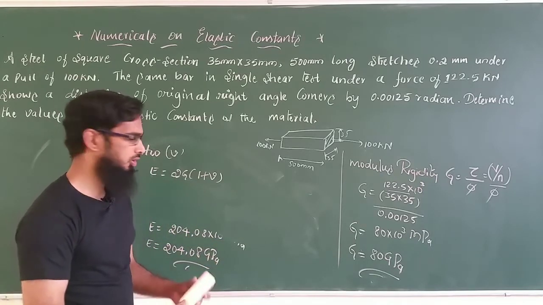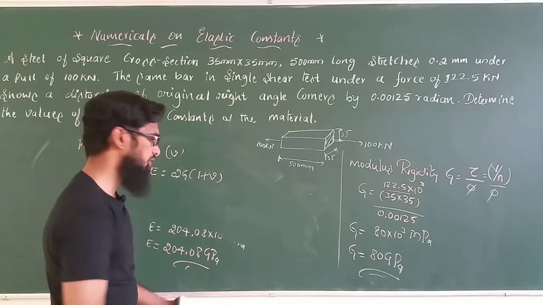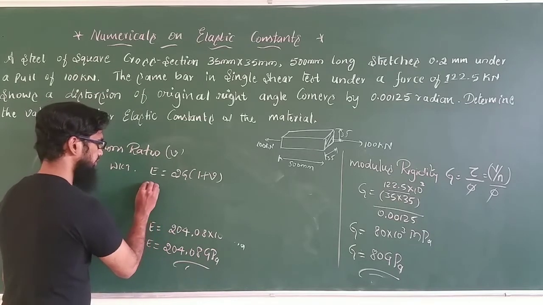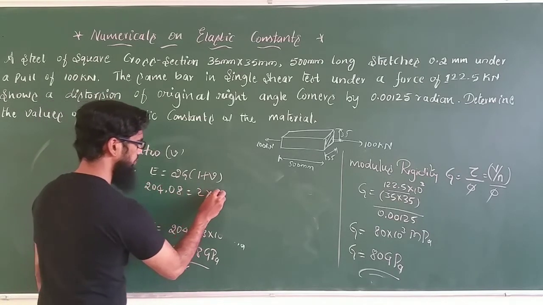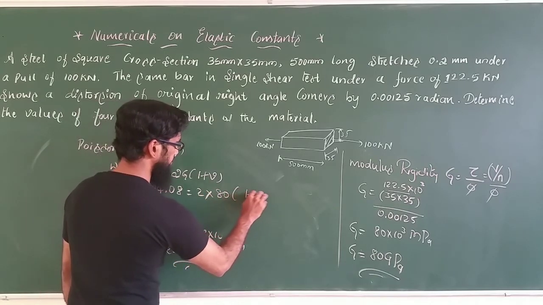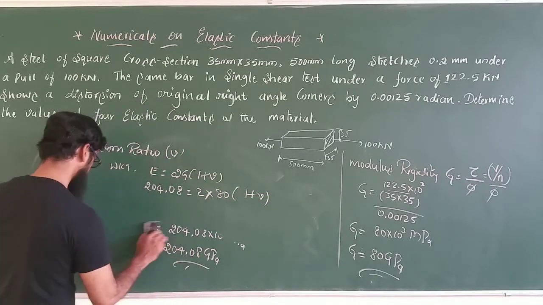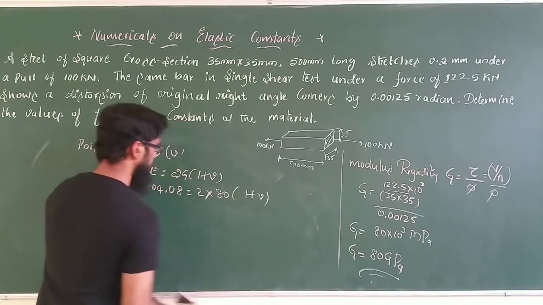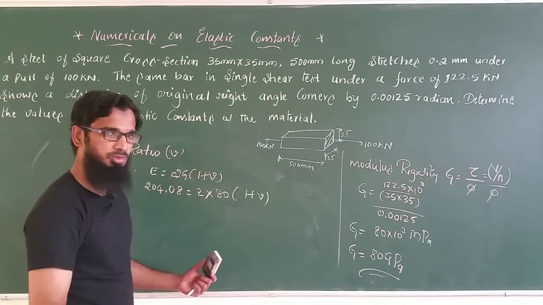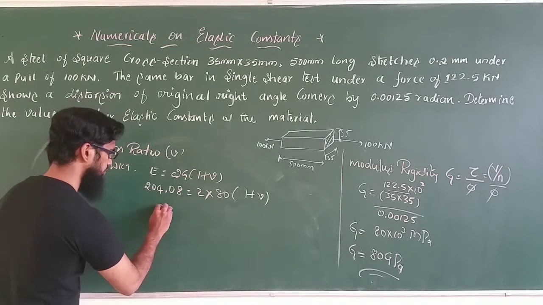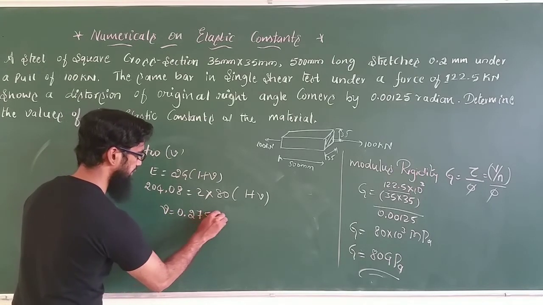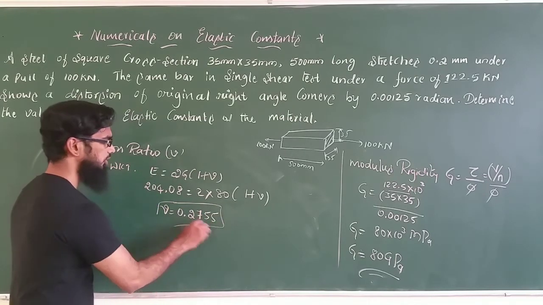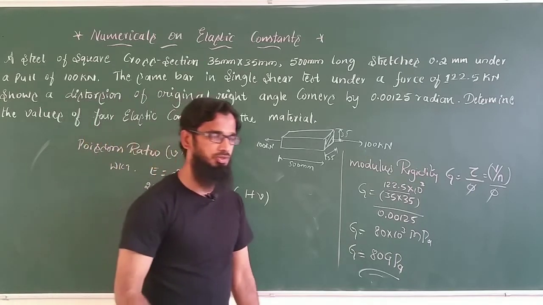Just substitute the values and we can get nu directly. So 204.08 is 2 into 80 into 1 plus nu. If you simplify, finally I get the Poisson's ratio as 0.2755. This is the Poisson's ratio of the material.